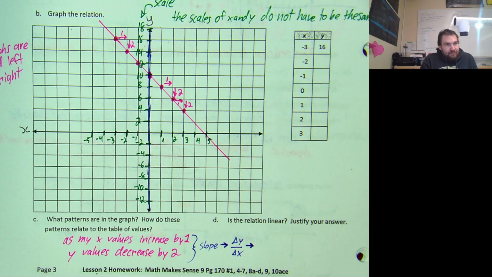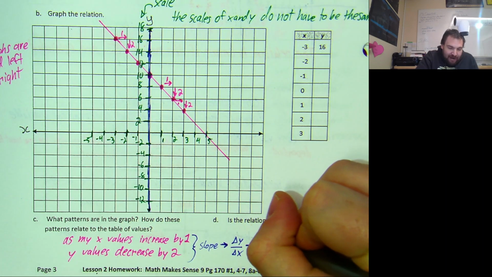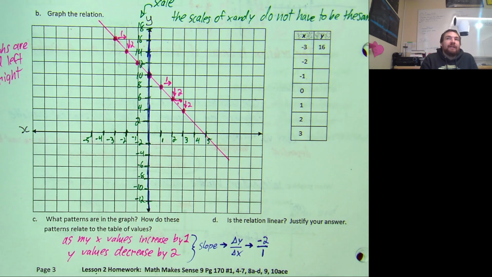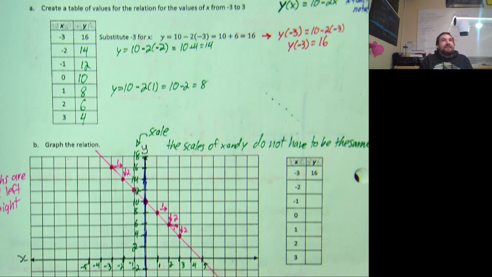Almost. A decrease by 2 needs to be represented as a -2. Cool. So my change in y is -2 as my change in x is +1. That's interesting. Okay, let's go back and look at the relation we started with.